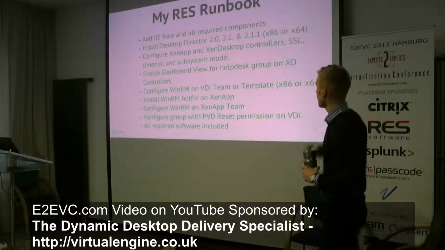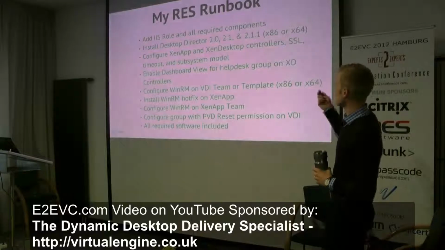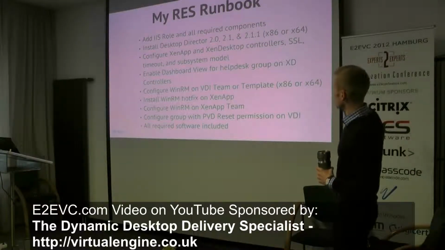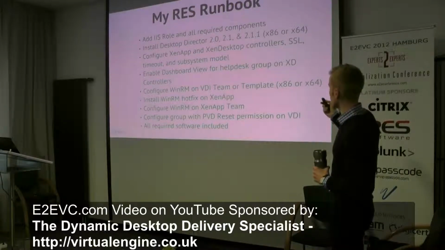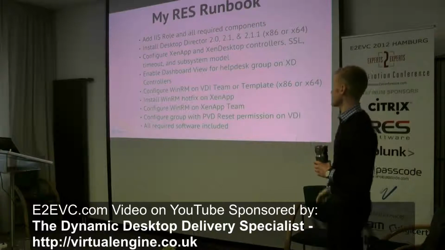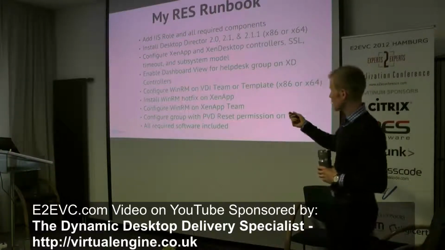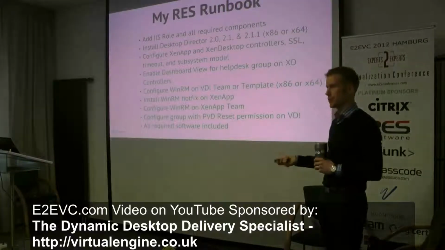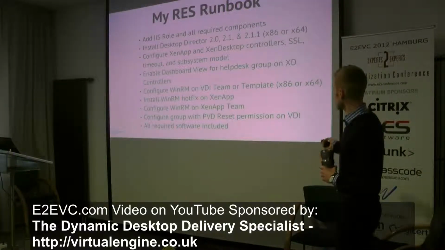So it's going to install the IIS role, all the role services, install Desktop Director, all the components, configure your Zen app and Zen desktop controllers, the dashboard view that I talked about, configure that WinRM command, so the config remote management with the group that you specify.